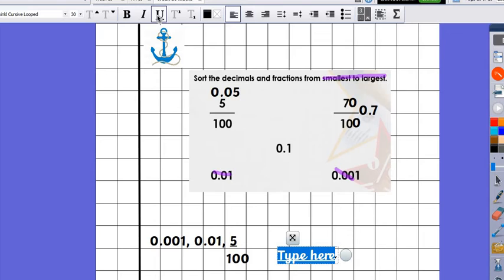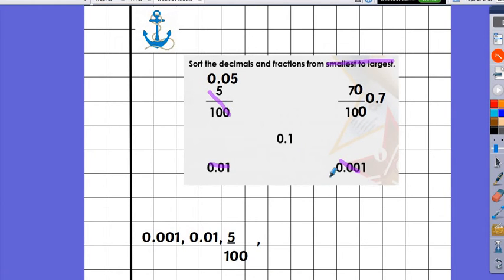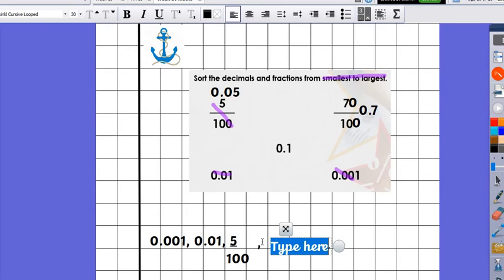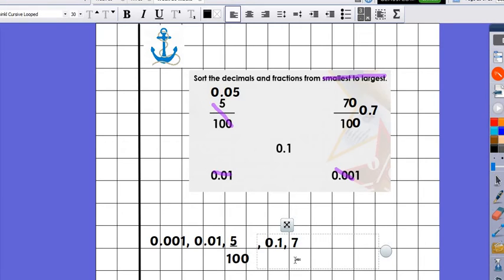Okay, and next one, I have got, remember to cross that one out, 0.1 is my next one. Here, 0.1, and then the last one is 0.7, but actually it's 7 over 10.